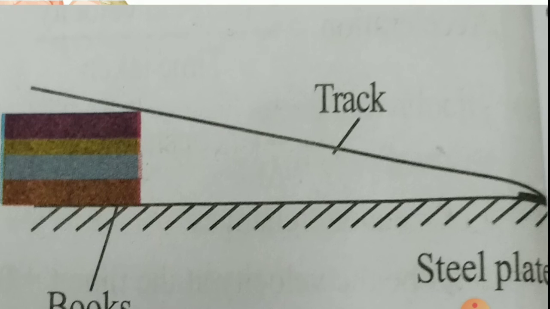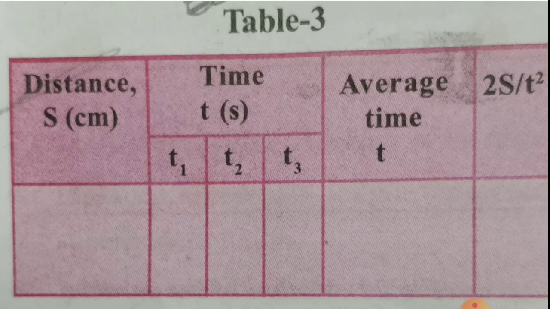But whichever distance you take, for the same distance you have to take 3 trials. Take the digital clock in your hand and start the clock when you release the marble. Once it reaches the bottom of the track, it will strike the steel plate. Once you hear the sound, stop the digital clock and note down the time it took to reach from there to here, and the tabulation must be like this.